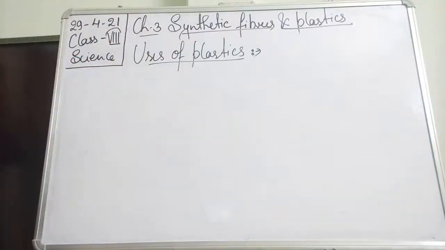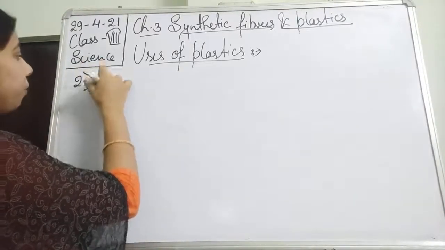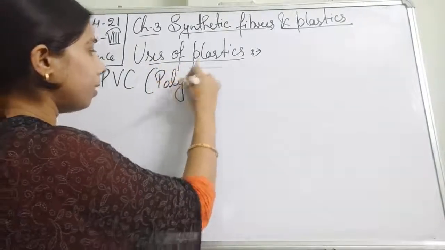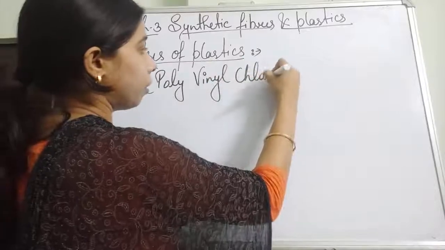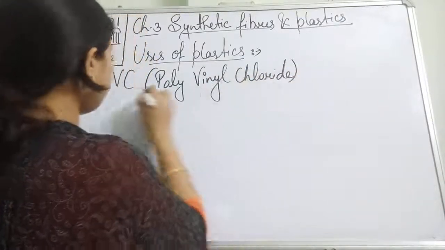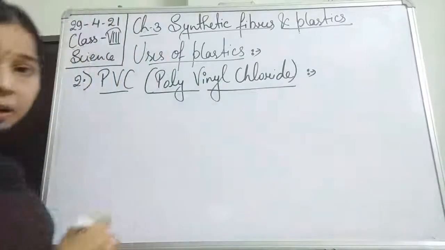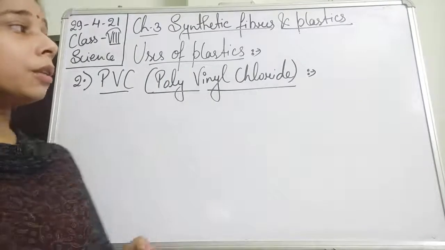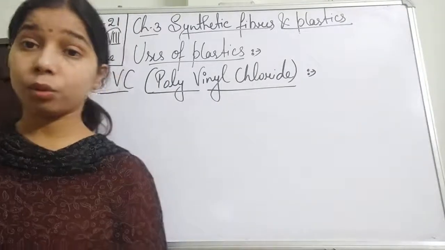So another kind of plastic, students, is PVC. Full form, you know, is polyvinyl chloride. Okay, so what happens with PVC? Here the uses: it is used in manufacturing raincoats that we use.